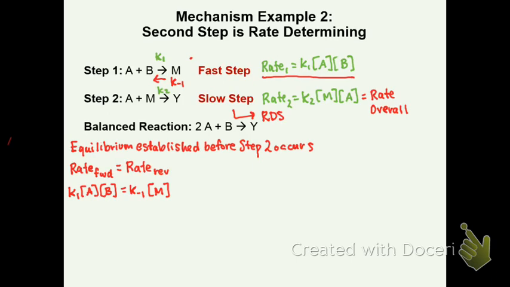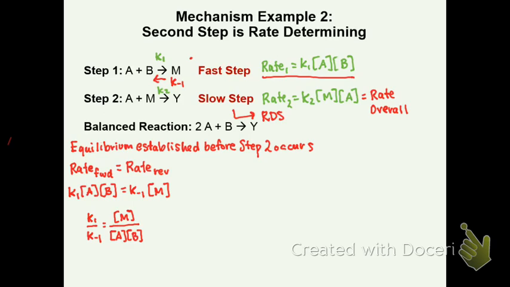If we divide both sides by K minus 1, and then divide both sides by concentration of A times the concentration of B, we now have a constant, the ratio of the rate constants, equal to concentrations of intermediate and reactants.